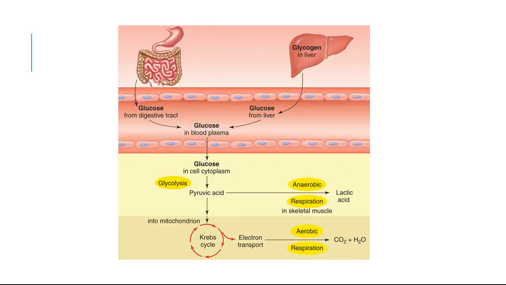Because oxygen is the terminal or final electron acceptor, which process is aerobic? Oxidative phosphorylation. The electron transport chain is aerobic.